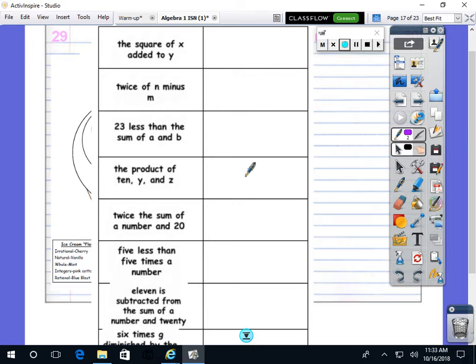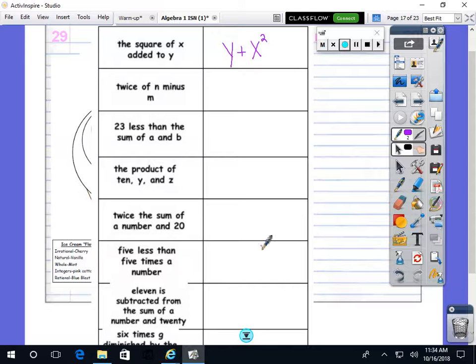The square of x added to y. How do you write the square of x? X to the power of 2, x squared. Added to y. How do we write added? How would this be added to y? But you're adding it to the y, so wasn't the y already there first?